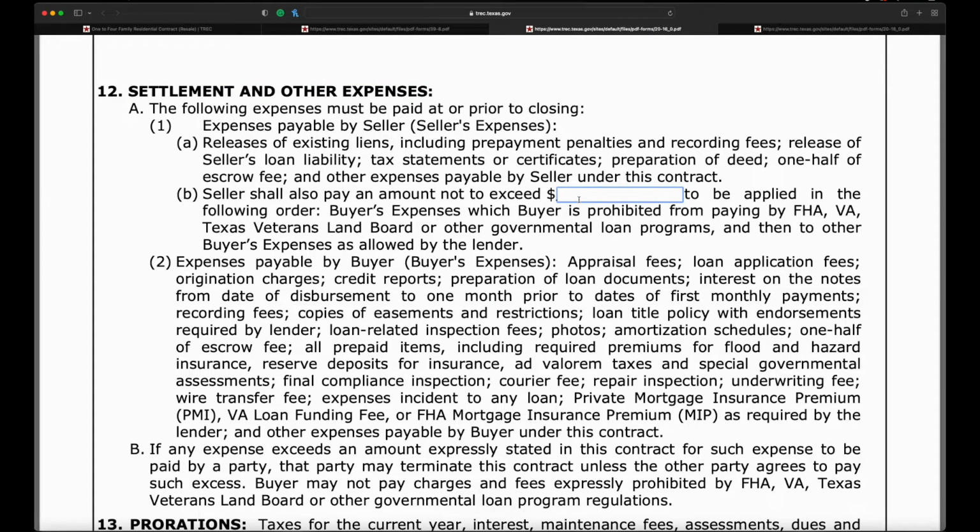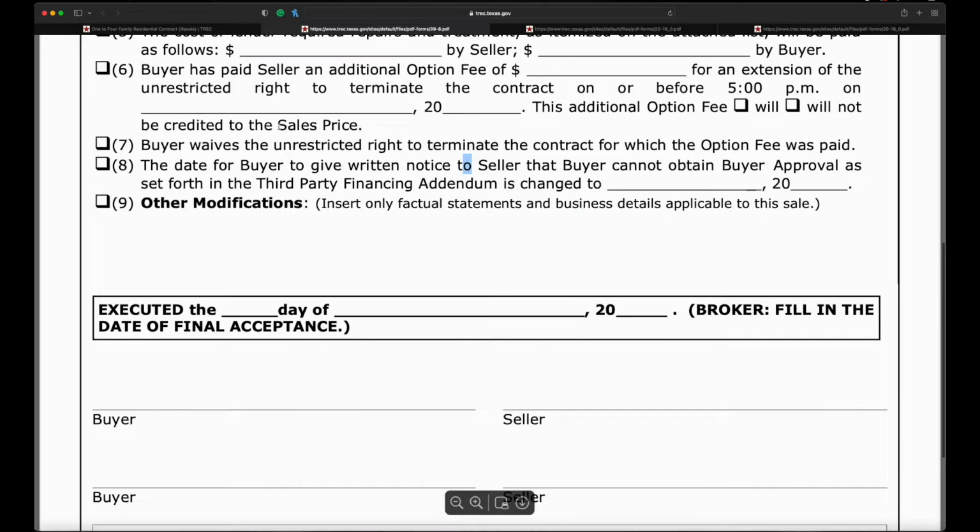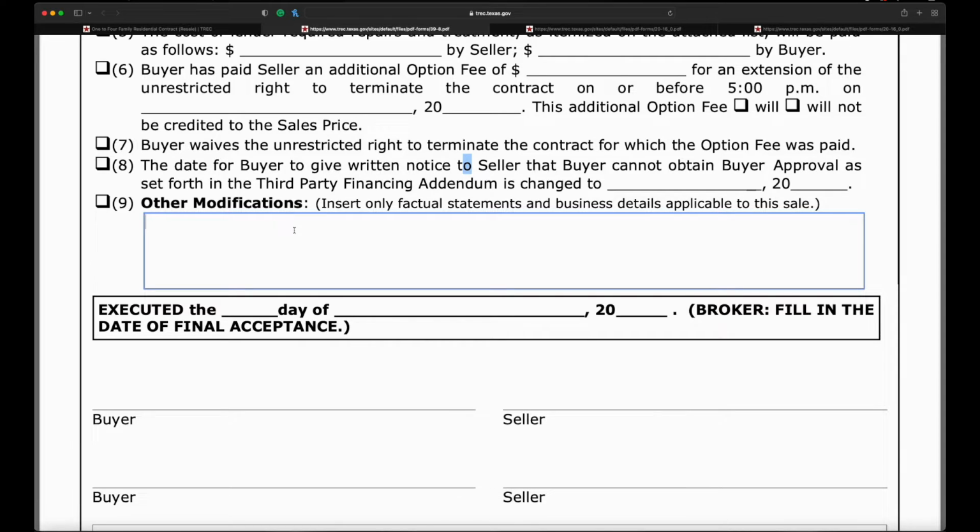But if you're on conventional or FHA, a lot of times I don't really put it here because some people get a little bit confused, because buyer's expenses are going to be paid in the following order, which is this, and all that. And I get it, it does say it here, but you can also put it here too, if you want, seller to pay a certain amount of closing costs.